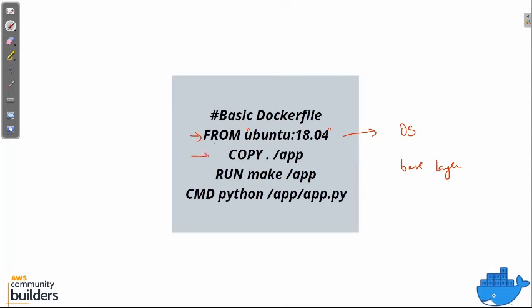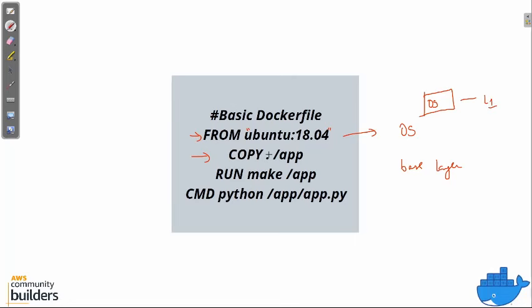Then another instruction is the COPY command. As you remember, we have a base layer which defines the OS on which our application will run or be built. So this is Ubuntu, our first layer, layer 1.